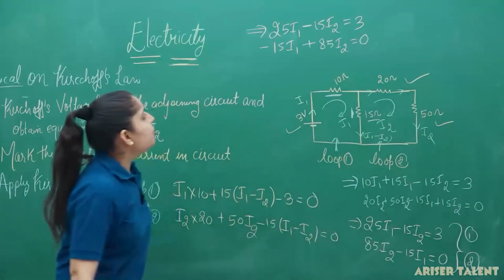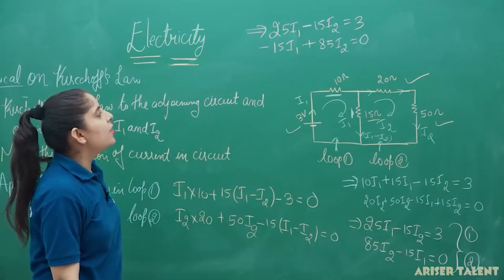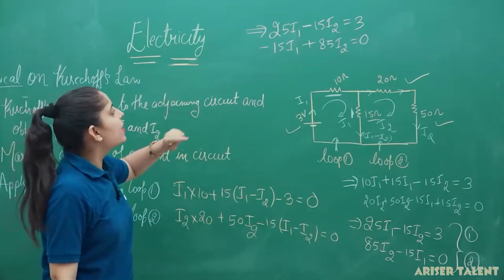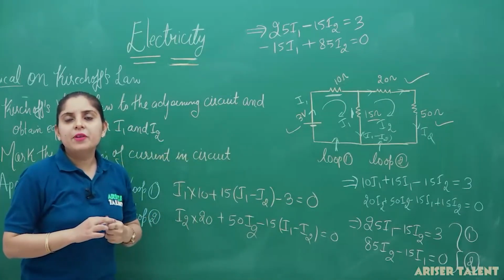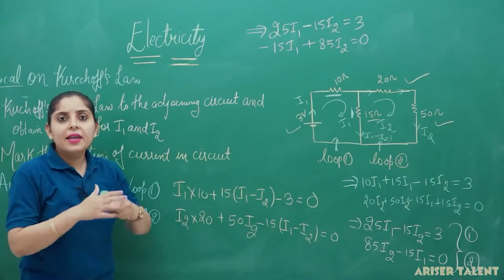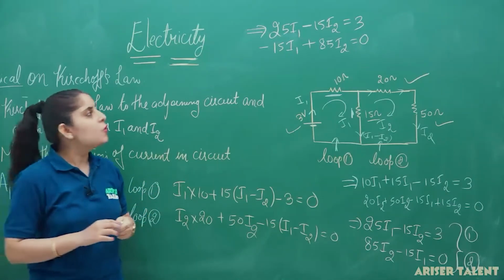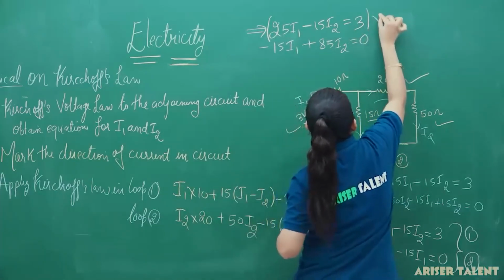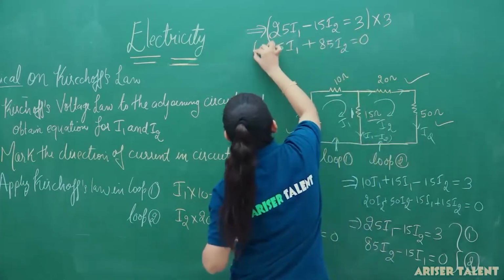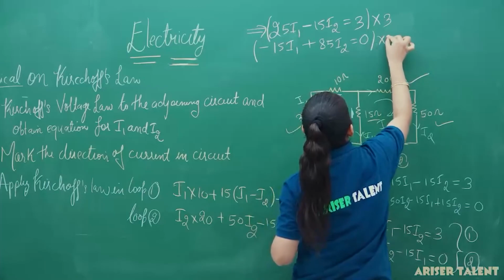Now, if I have to equate the coefficients, I will take the common multiple of 25 and 15, that is occurring in both the tables, which is 75. So I am multiplying the first whole equation with 3 and the second whole equation with 5.